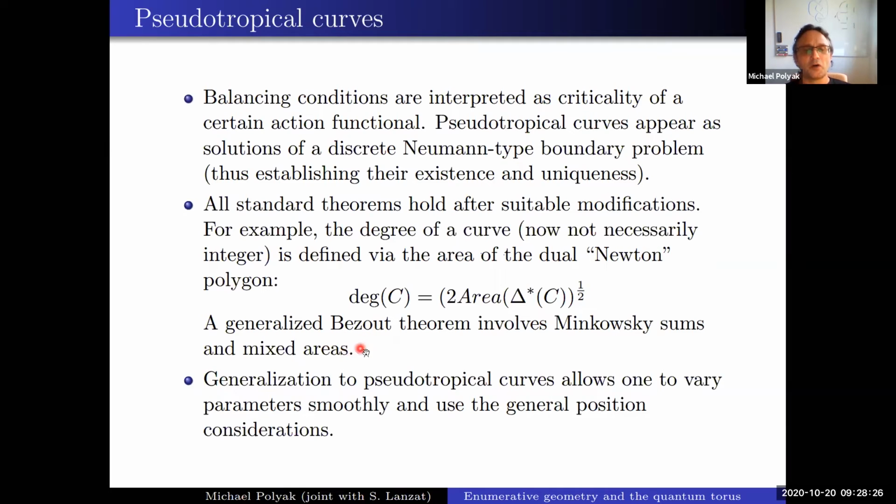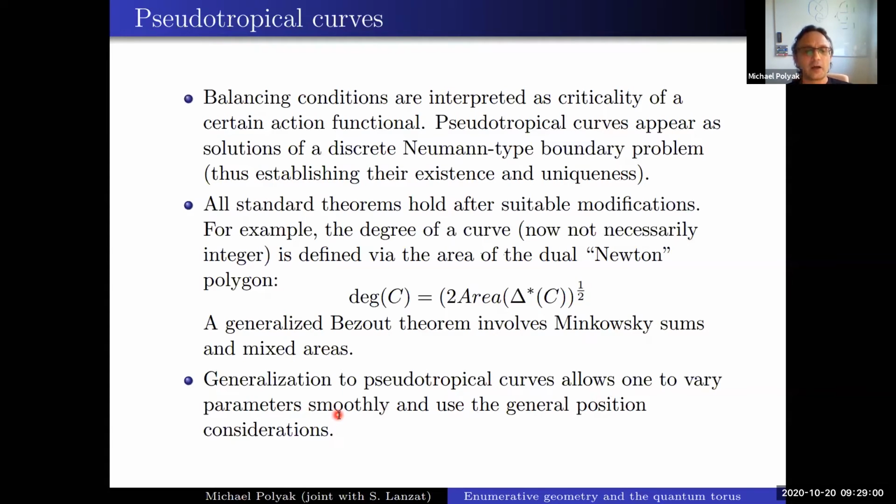Now, what's good in these pseudotropical curves? Apart from the fact that you can use them in the setup when you remove the rationality conditions, so it's some kind of irrational polygon or polytope, there's another feature, and this is the one that allows you to vary all these parameters smoothly.